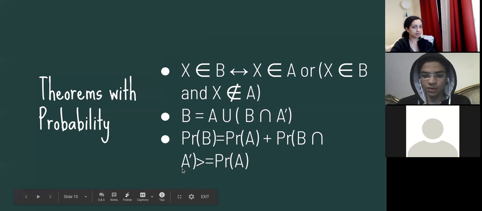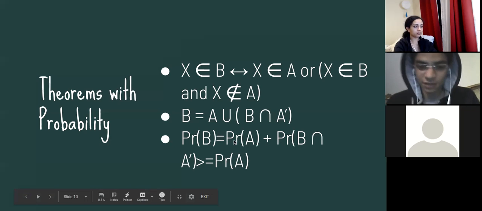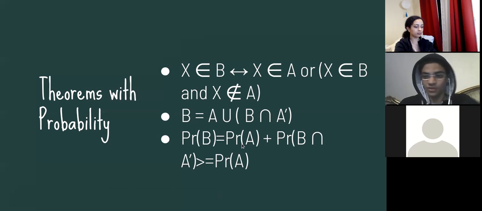I also know from my axioms that the probability of any set is greater than or equal to 0. So I have that the probability of B intersection A dash is greater than or equal to 0. So you can notice here that the probability of A plus something, where this something is 0 or bigger, is already greater than or equal to the probability of A. For example, if you have x plus y, where y is 0 or bigger, then certainly x plus y is greater than or equal to x.